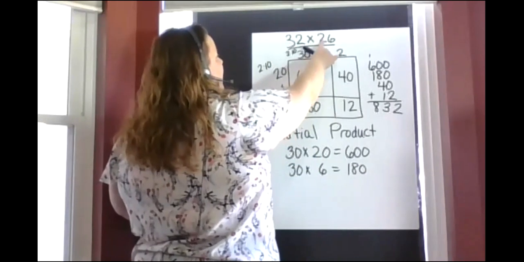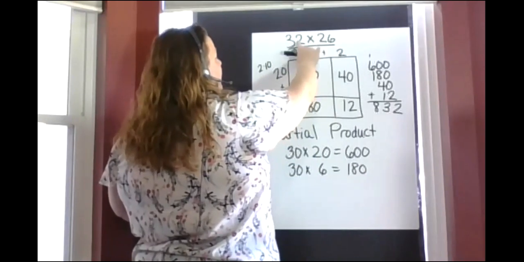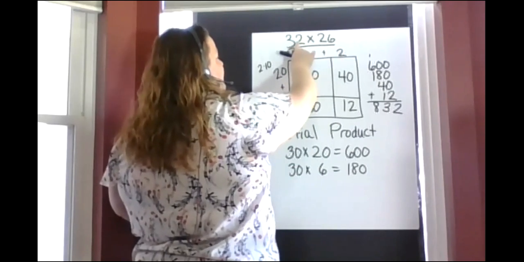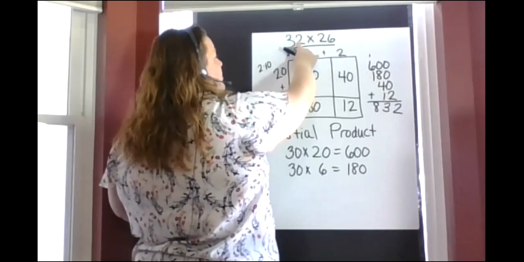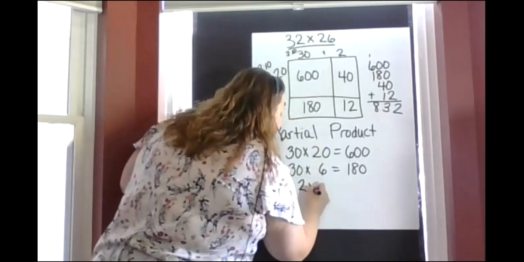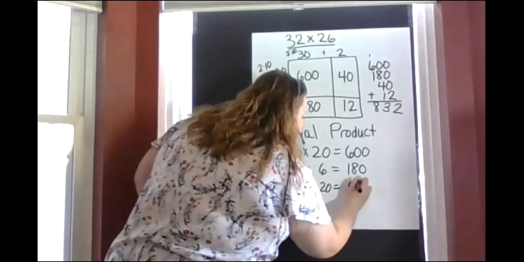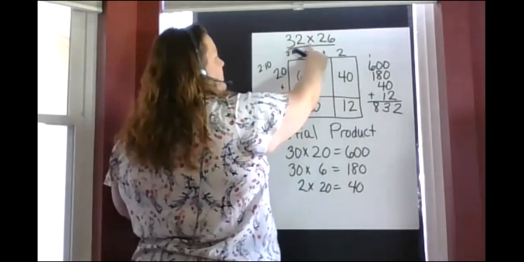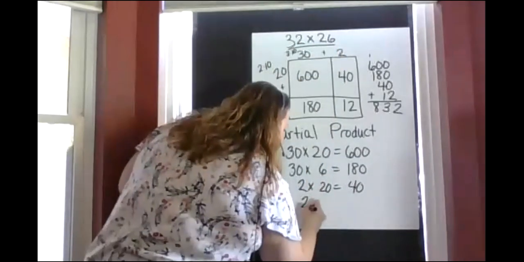And then I've got to come over here and I'm saying this 2, I've done everything with the 30, I've multiplied it by the 20 and the 6, and now I'm thinking 2 times this 20. So 2 times 20 equals 40. There's my 40 from here. 2 times 6.